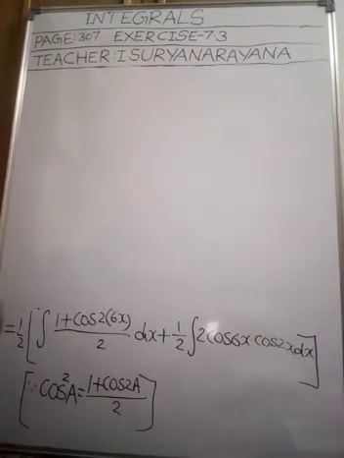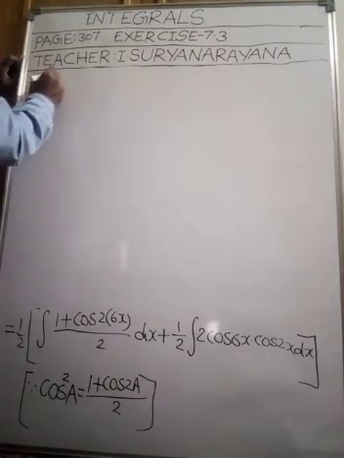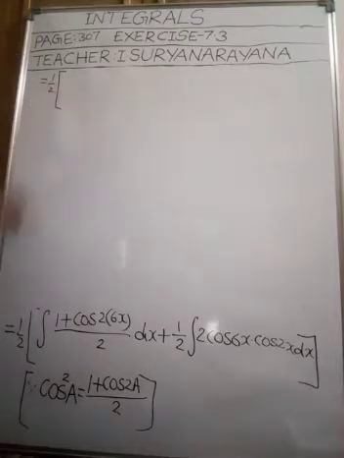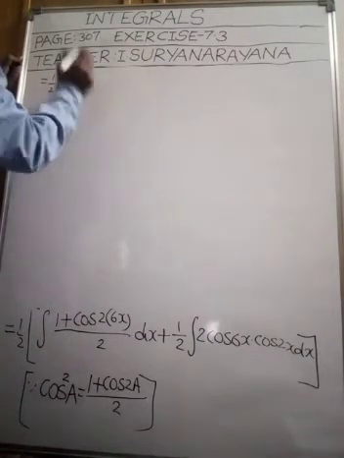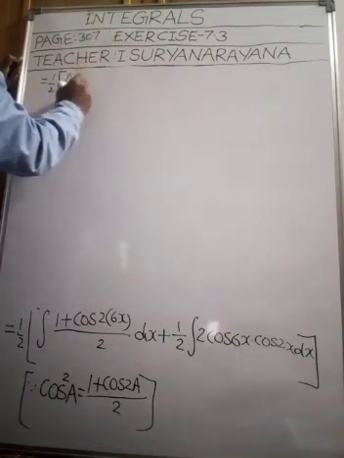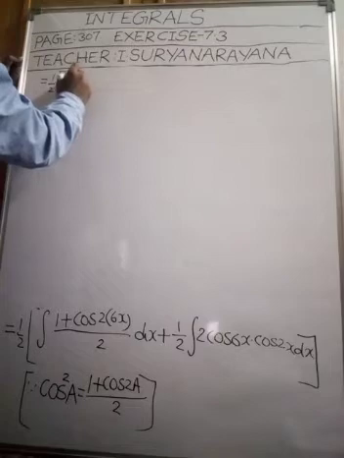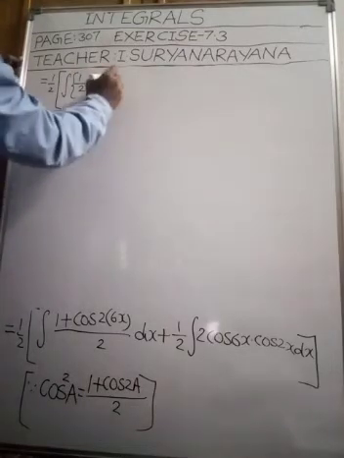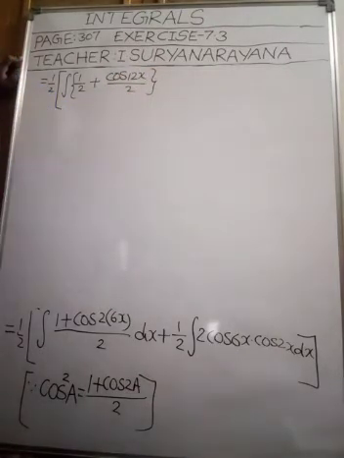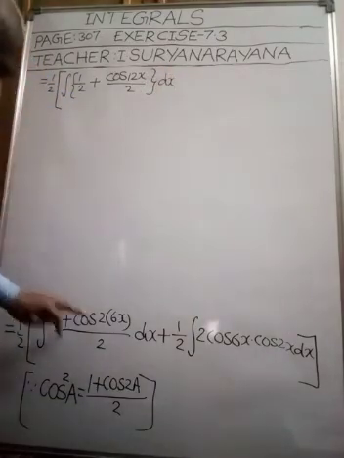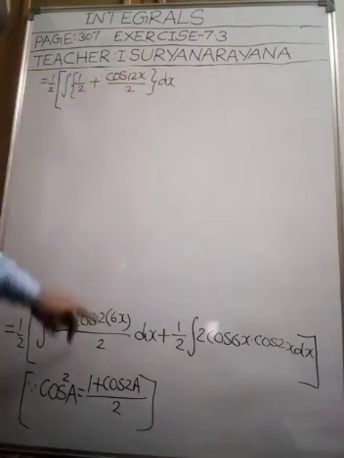Right. So let us simplify here. This is equal to 1 by 2 into, let us split into two integrals, 1 by 2 integral 1 by 2 plus cos 12x by 2 dx. 2 sixes are 12, so cos 12x by 2.